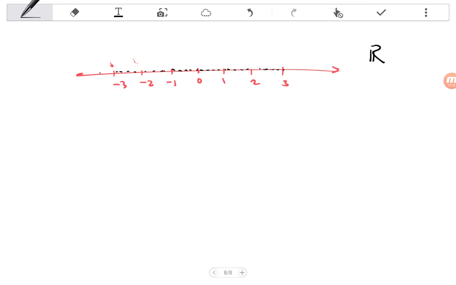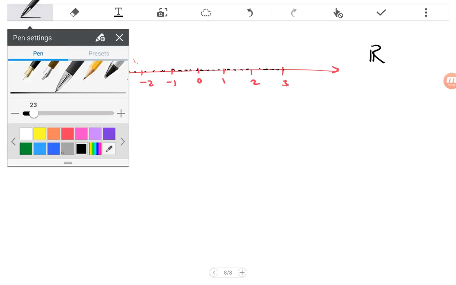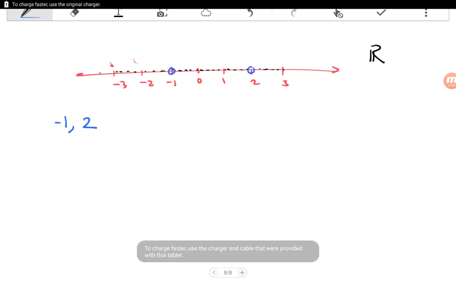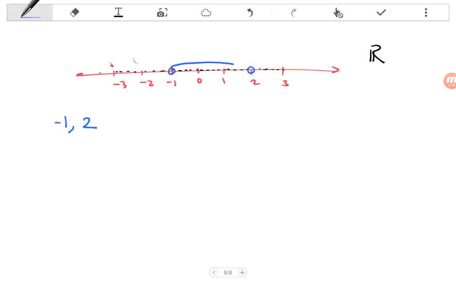When I need to specify some interval, I can say that I need, for example, from -1 to 2. The set of all numbers between -1 and 2 is called the interval from -1 to 2. Okay?